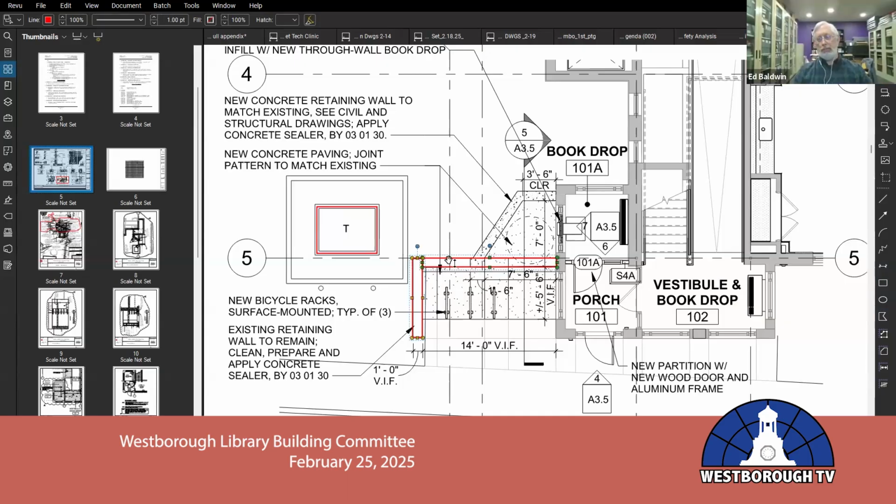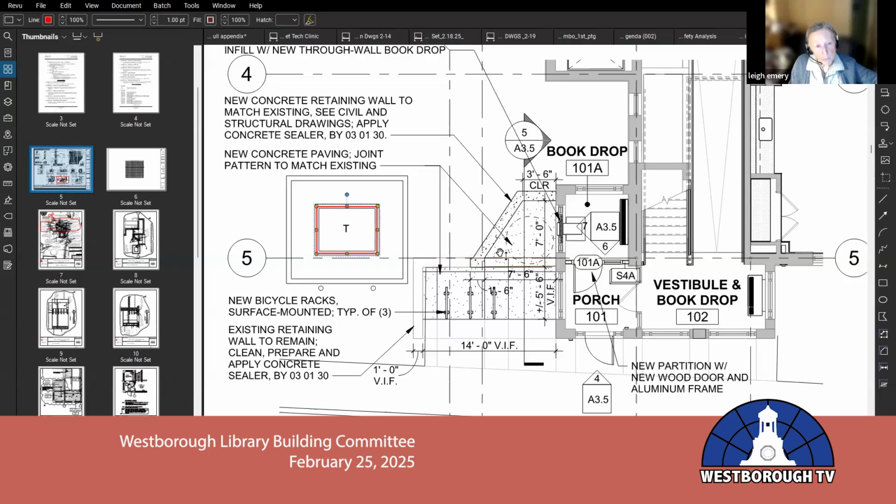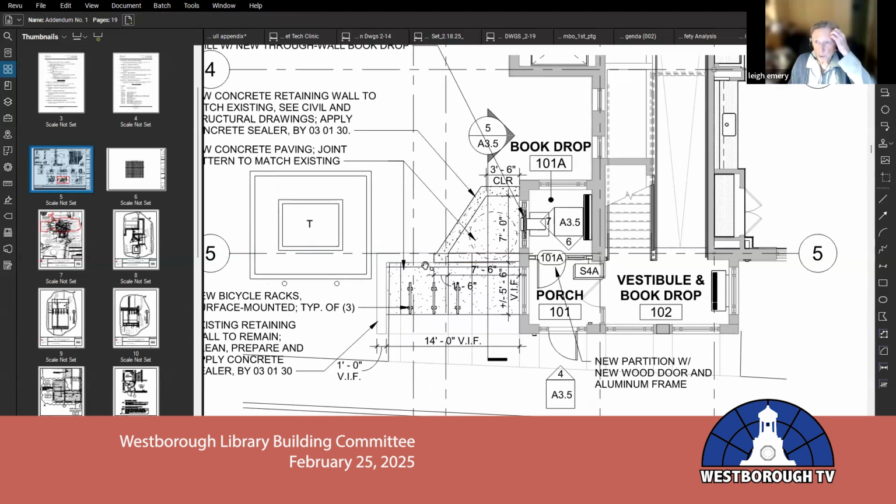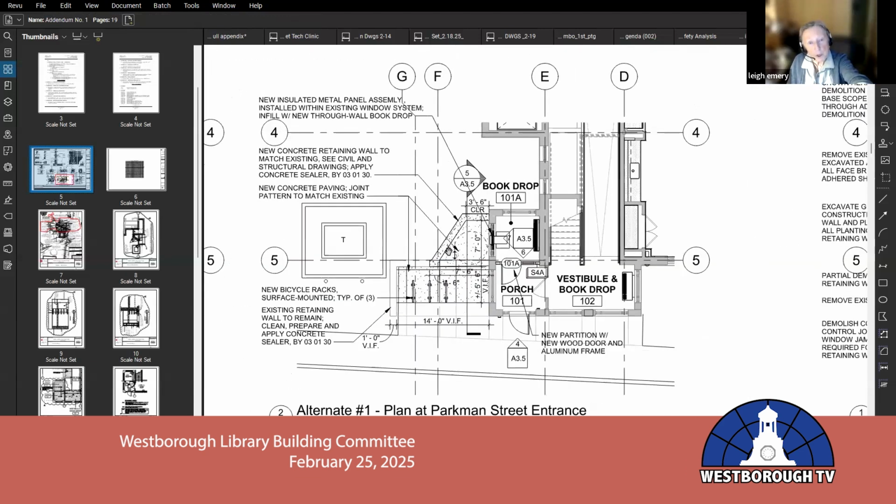Lee, you have your hand up. Yes, thank you, Ed. I'm not sure if we ever discussed this in our meeting before, but at some point, some of us were wondering if we needed more handicap parking, especially with our relationship with the library. That spot where you're saying we'll make new bicycle racks, we thought there was enough room between the library going out toward Main Street for maybe 2 handicap parking spaces.